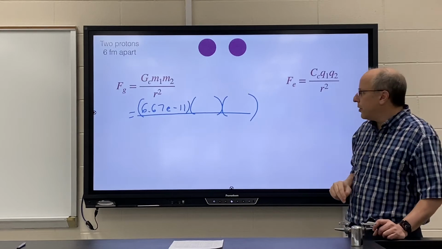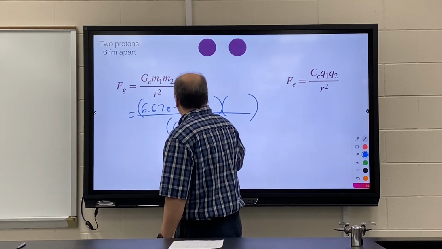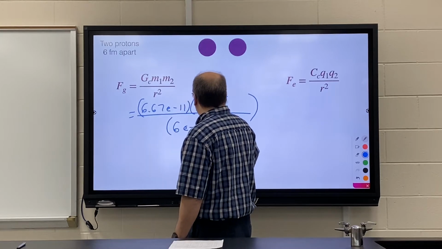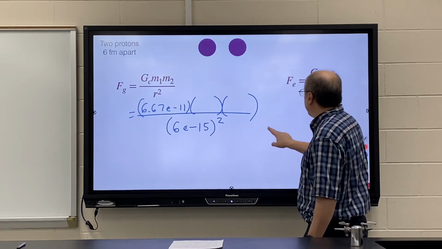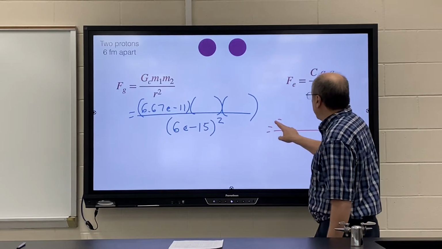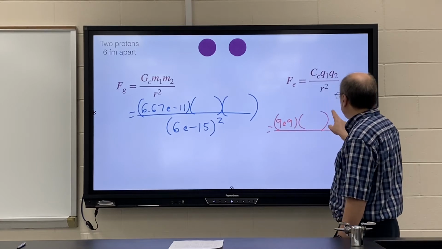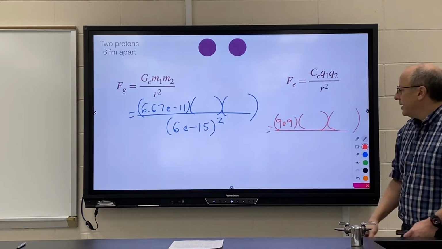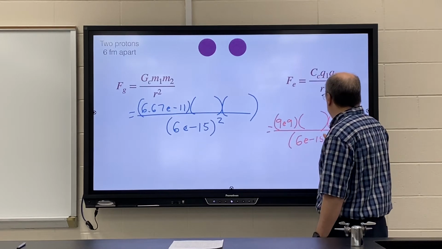Both objects are protons. And for femto, we're using 10 to the -15th. Don't forget to square it. When you're doing the force electric, you're doing the electrostatic constant, you're doing the charge of the proton twice, and you're going to do the exact same distance we had before.